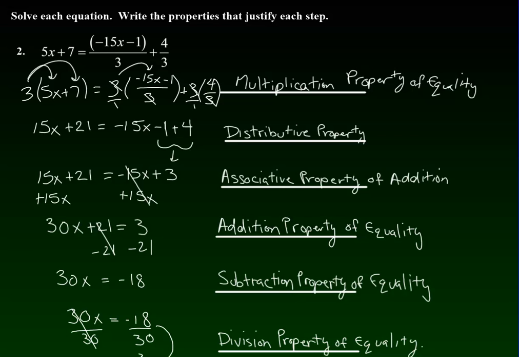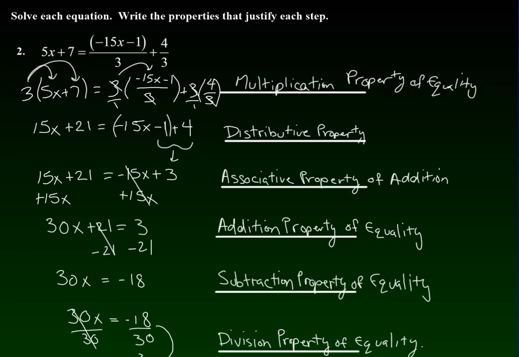So the first thing you had to do was multiply everything by 3, like I told you to do. And then we distribute the 3 to everything inside the left side, and we distributed 3 to everything on the right side. And for the right side, basically the tops canceled with the bottoms, leaving us with what's inside the parentheses.